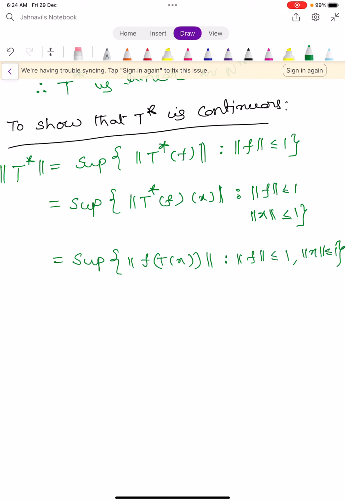Which is clearly less than or equal to the supremum of norm f, norm T and norm x such that norm f is less than or equal to 1, norm x is also less than or equal to 1.